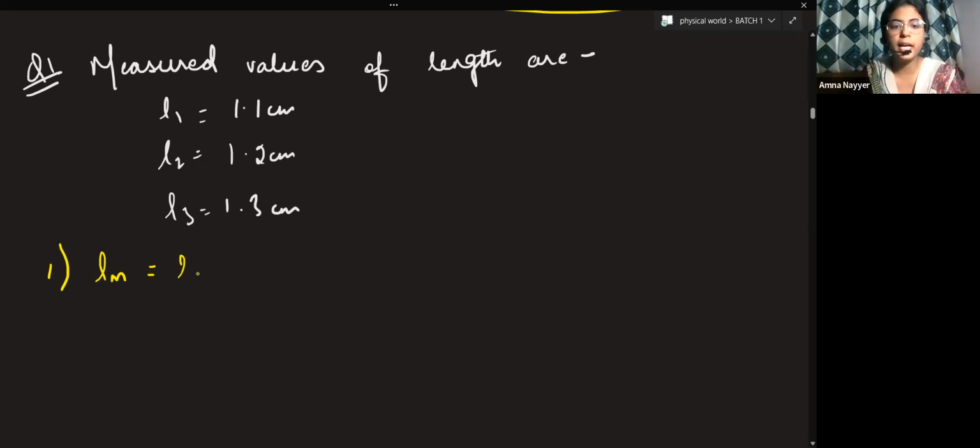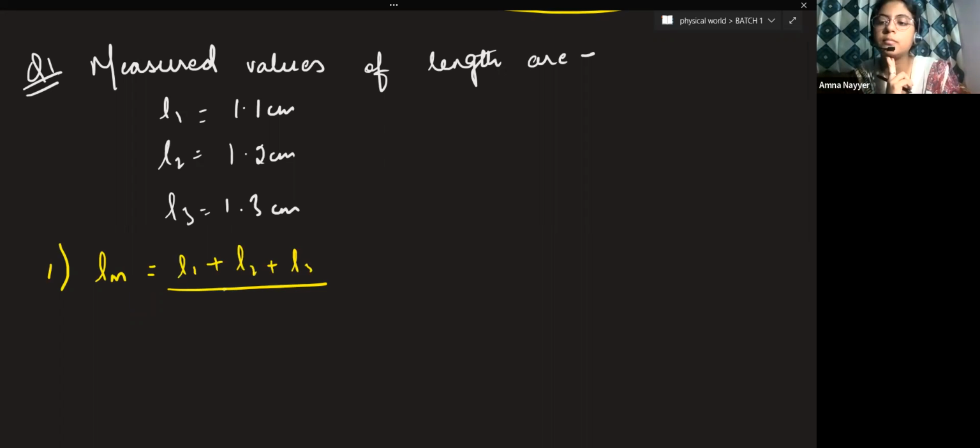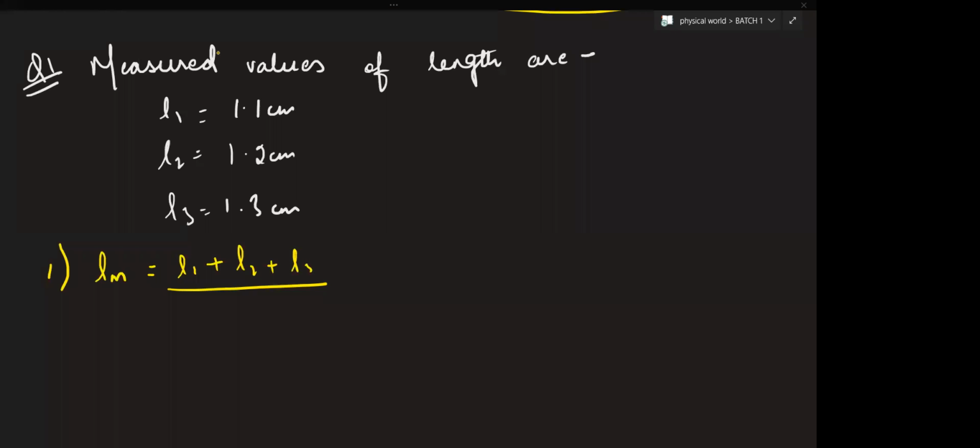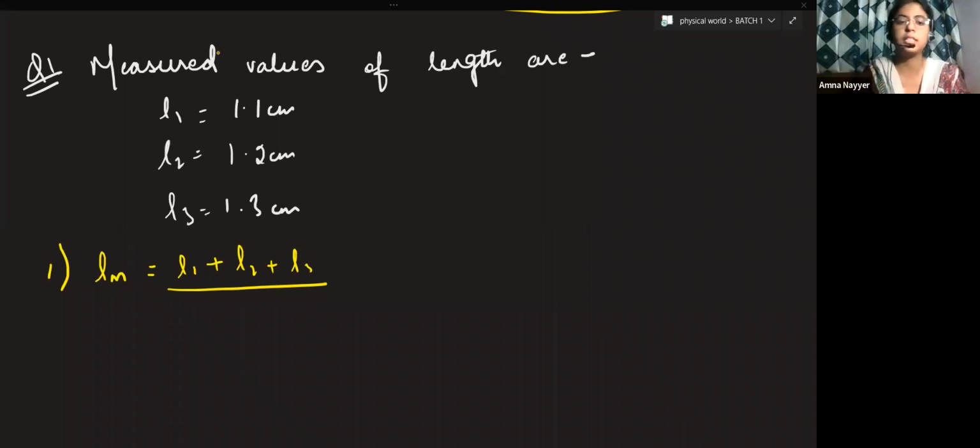So it will be L1 plus L2 plus L3. What will come in the denominator? 3, ma'am. 3, because the number of quantities that you have is 3.